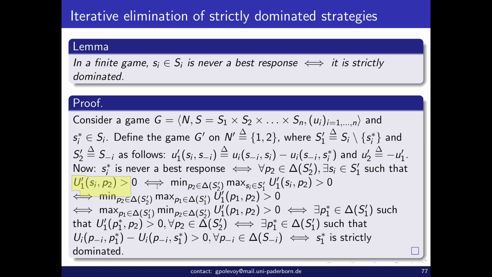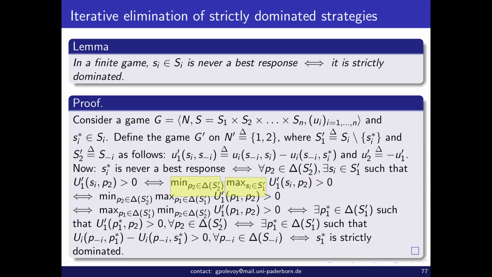This is the same as saying that for all those P2, the maximum utility of player 1, U1', which we could achieve with something in Si', would always be positive for any P2. Therefore, the minimum over P2s will be positive.